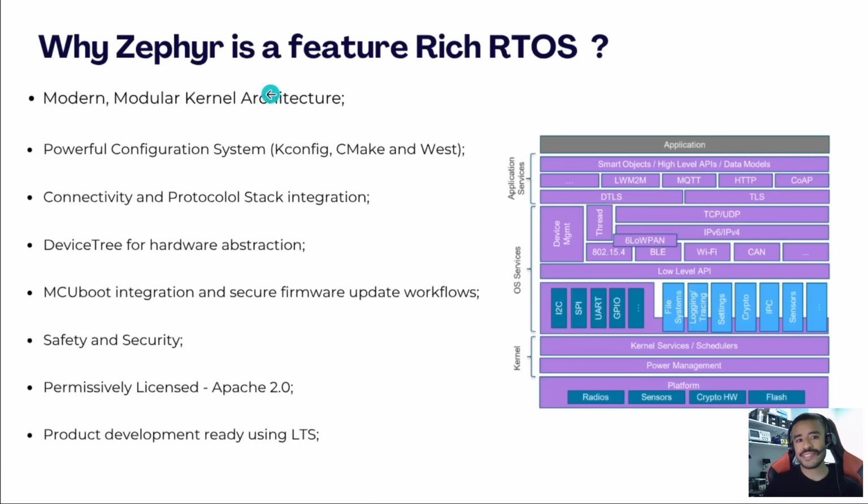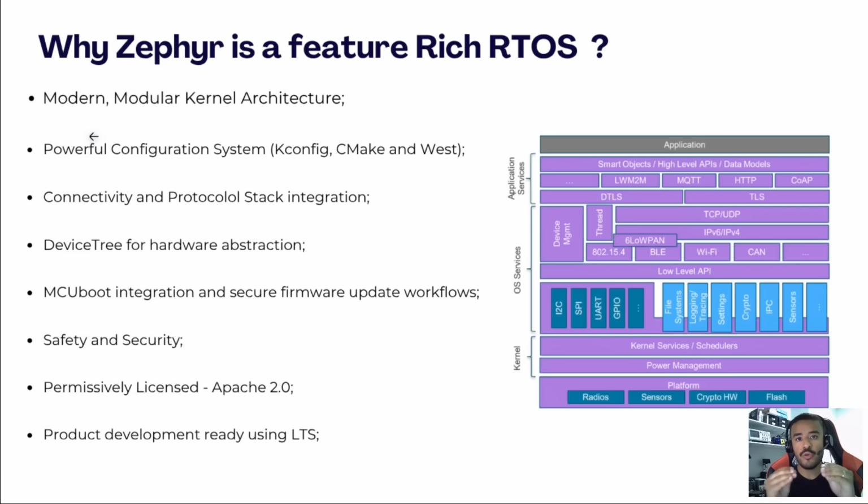So, why is Zephyr very rich? Zephyr is built on a modern and modular kernel architecture. In practice, this means you don't get a fixed kernel with everything enabled. For example, if your application only needs GPIOs and timers, you don't need to compile network, file system, or USB support in this case.